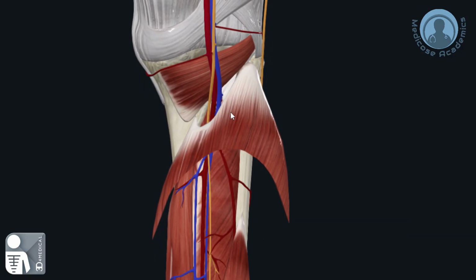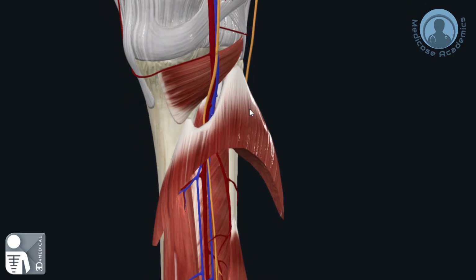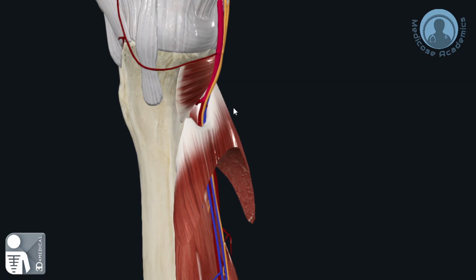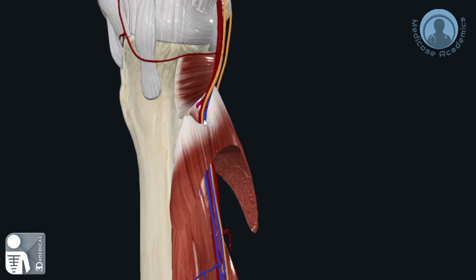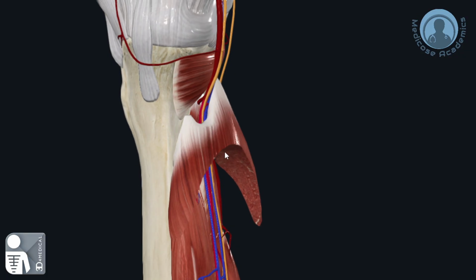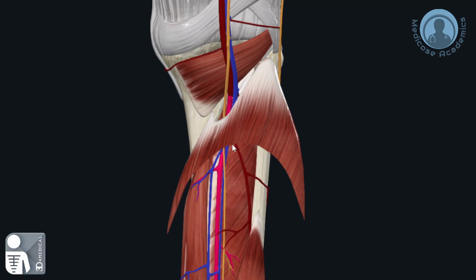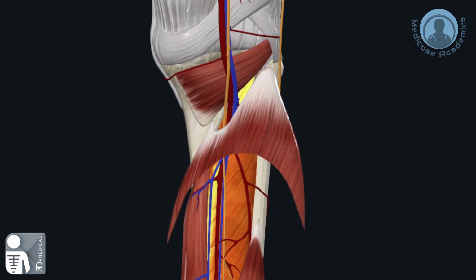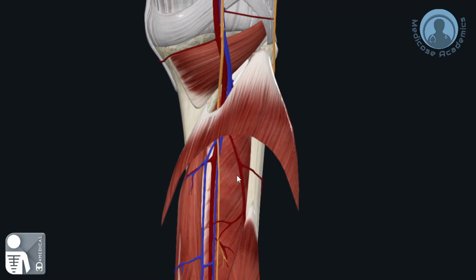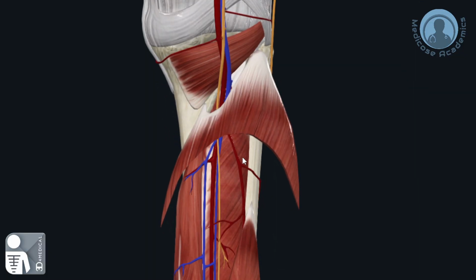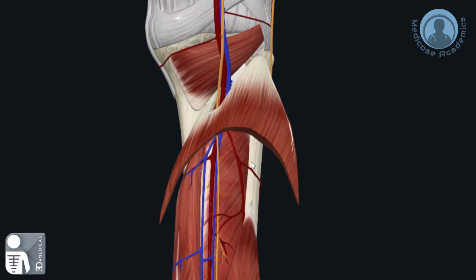Just at the lower end of the popliteus, it divides, and as you can see, it will have the anterior tibial artery going forward, and then this is the posterior tibial artery. Initially the artery is lateral and the nerve is medial. It moves down and is on the medial aspect, then it moves deep to the soleus muscle. Here the soleus muscle is cut.